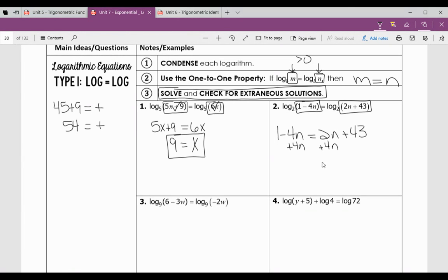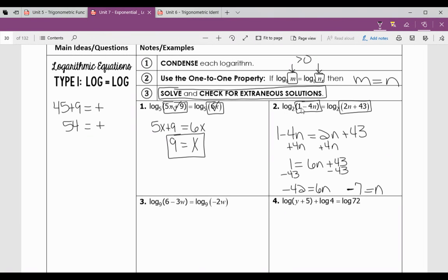I like positive numbers. So 1 equals 6n plus 43. I don't have a choice but to subtract 43. So that gives me negative 42 equals 6n. So what does n equal? Negative 7.